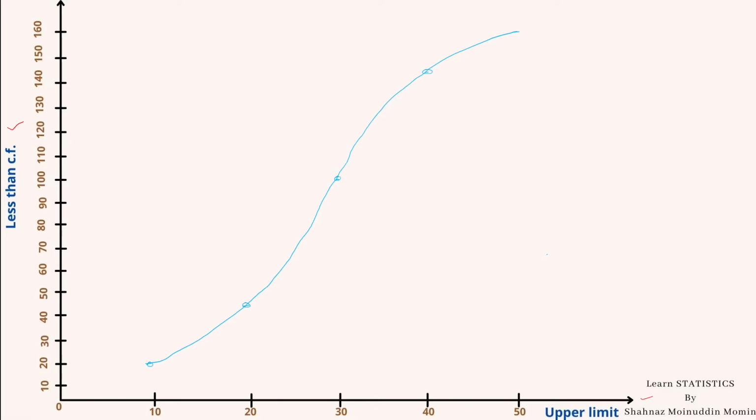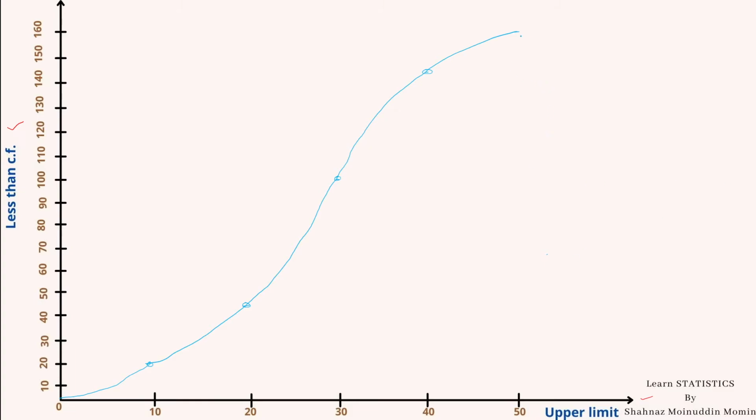So we shall start from 0 and the lower limit of the first class. We know that our first class starts from 0 to 10, hence its lower limit is 0, and it starts from 0 on the y-axis. Therefore the curve extends up to the origin like this.